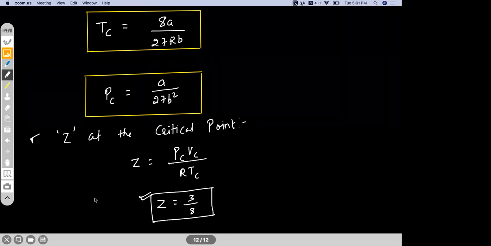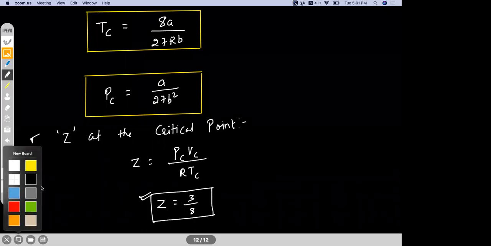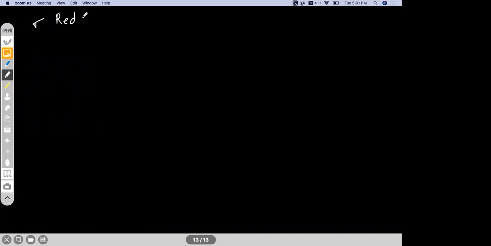Correct. Now, one more term we have that we call reduced equation of state.